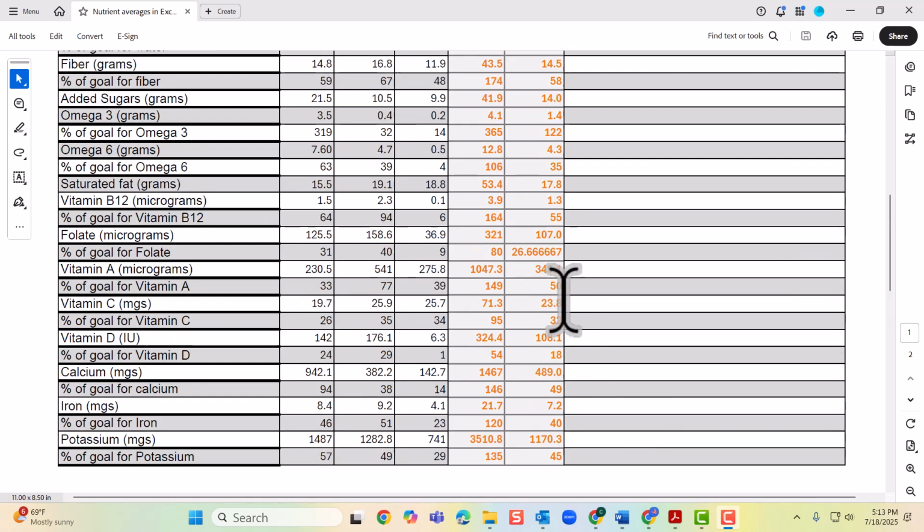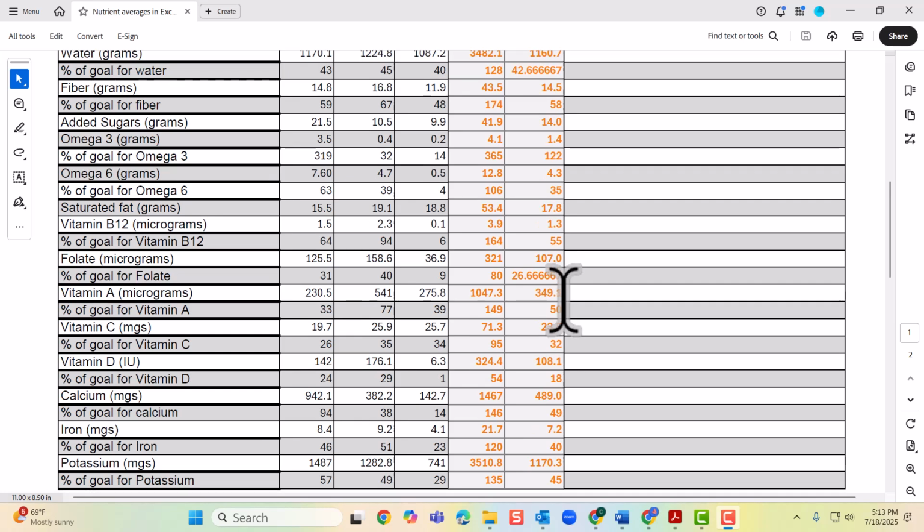When you're looking at your diet, these are the things that are going to come up in the next couple of assignments. How much? Are you close to your goal? How many vitamins and minerals did you have that were less than 90% of recommended goals? So we're always looking at percent of goal.